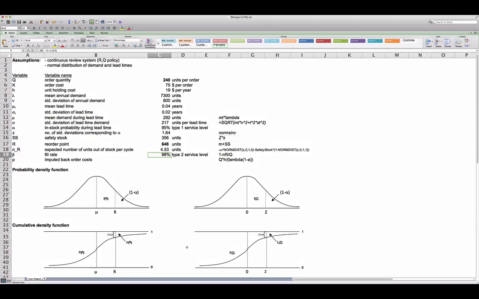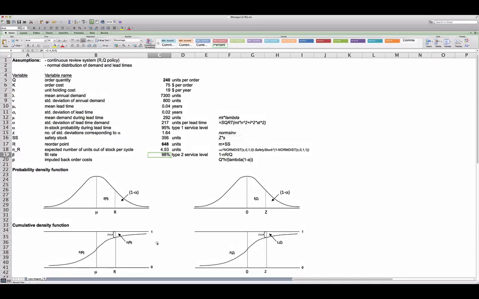So the important thing here simply is if I have a given value of alpha, and recall that alpha will be the probability mass under the normal distribution to the left of reorder point R, I can convert that mathematically through a couple of steps into an expected stockout quantity per cycle, and effectively what I do is I translate the PDF, the probability density function, to a CDF, cumulative density function.